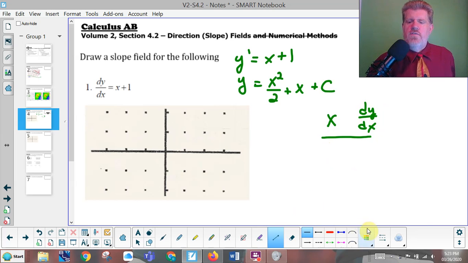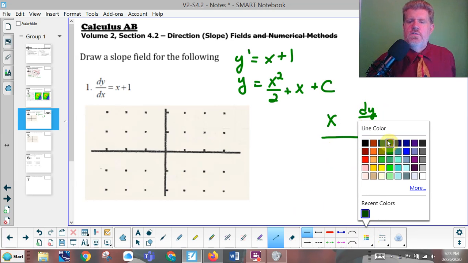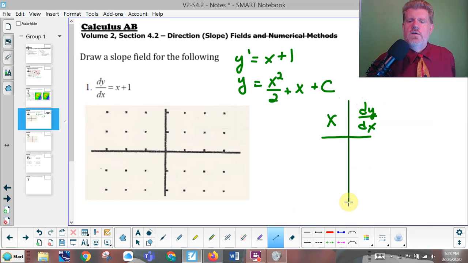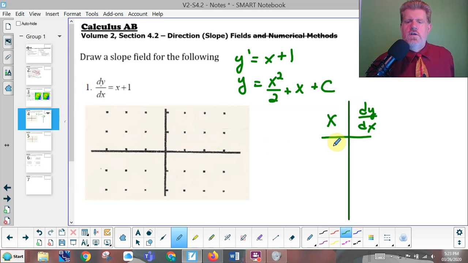If we pick a value for x, and we have -3, -2, -1, 0, 1, 2, and 3. So let's say we pick -3. If I put x into this equation, -3 plus 1 is -2. So this basically says wherever x equals -3, the slope is -2.